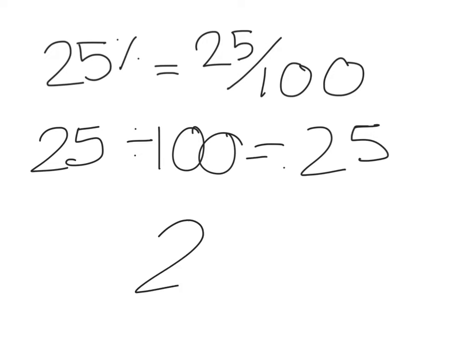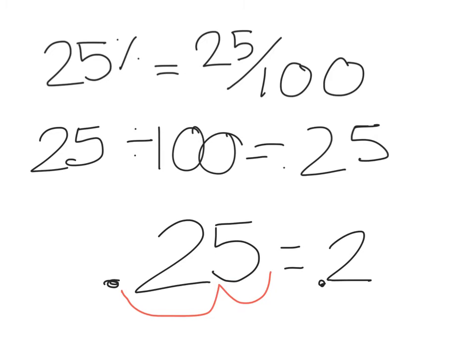If you write 25%, take away the percent sign, and then move your decimal places 2 places to the left. And you get 0.25 without using your calculator. So 25% written as a decimal is 0.25.